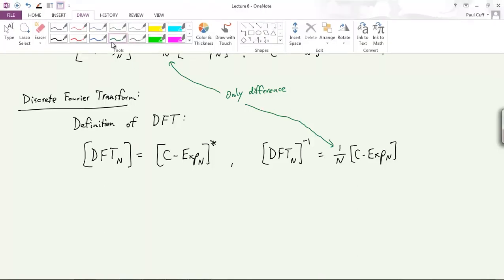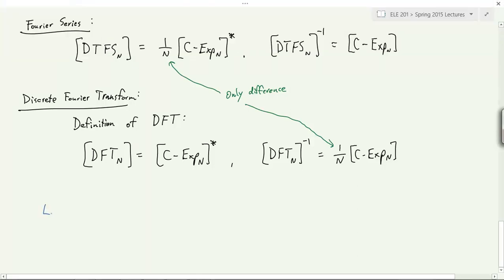Quick linear algebra note, just for those that care. Notice I put a 1 over n in either place. I could have put a 1 over root n on both. Then this matrix is unitary, which means that its inverse is the conjugate transpose.